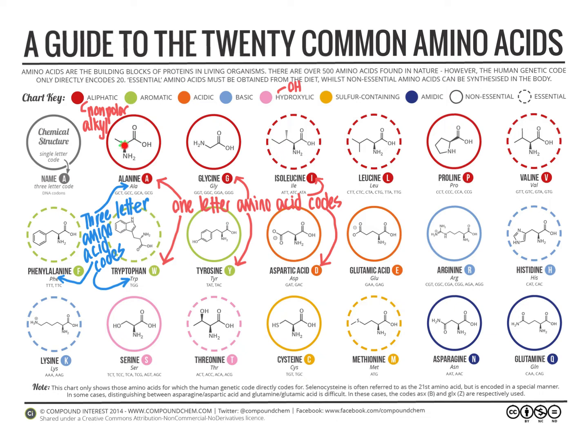It's the carbon that is sandwiched between the nitrogen and the carbonyl carbon, so that's our alpha position right there. The R group is what comes off of that. So here, the R group, which I will highlight here in green, is a nonpolar alkyl group in alanine. It's a methyl group to be specific, and therefore it would be classified as an aliphatic amino acid.